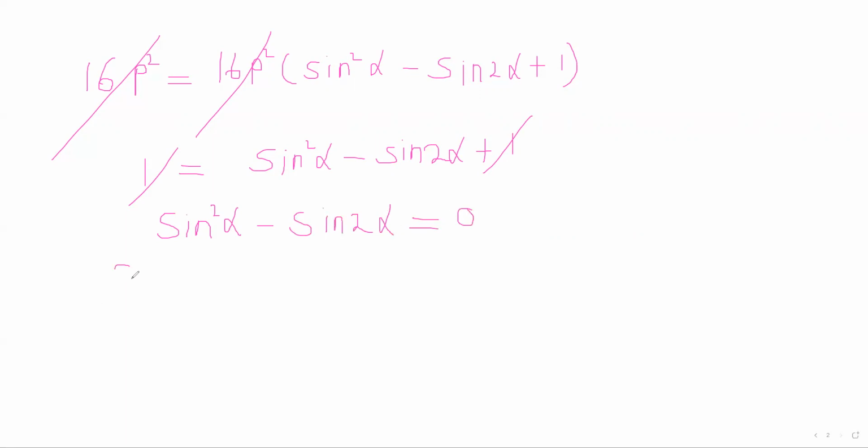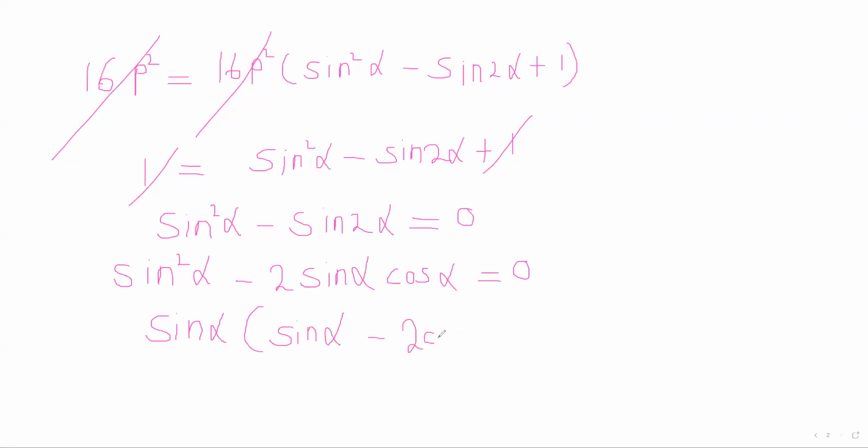What is the expansion of sine 2 alpha? That is 2 sine alpha cos alpha. So sine squared alpha minus 2 sine alpha cos alpha is equivalent to 0. Then you take sine alpha out, it is common. Therefore, we get sine alpha times (sine alpha minus 2 cos alpha) is equivalent to 0. Therefore, we can tell sine alpha is equivalent to 0.